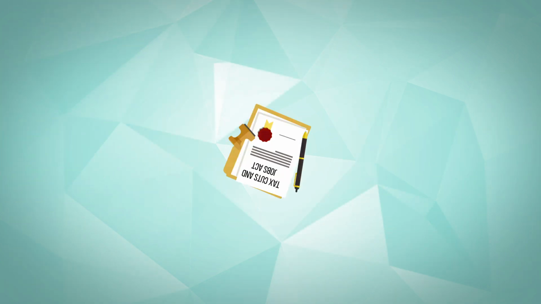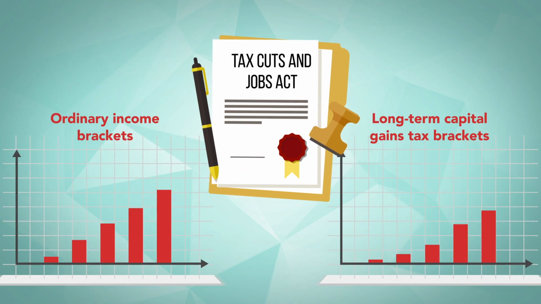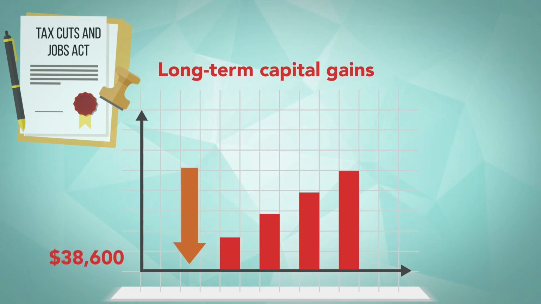The 2017 Tax Cuts and Jobs Act changed the relationship between the long-term capital gains tax brackets and the ordinary income brackets. Under that law, long-term capital gains for taxpayers with under $38,600 of income are not taxed at all, while taxpayers who are making over $425,800 are taxed at 20%.